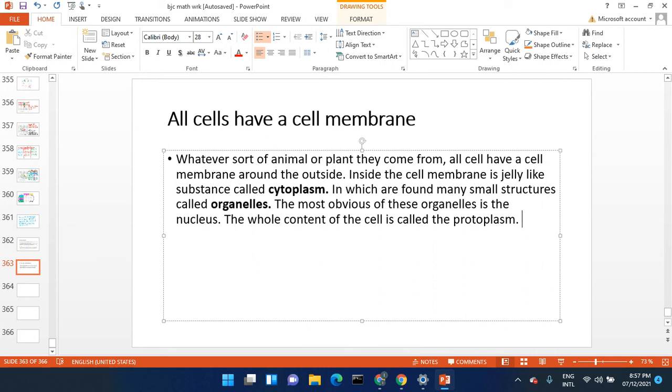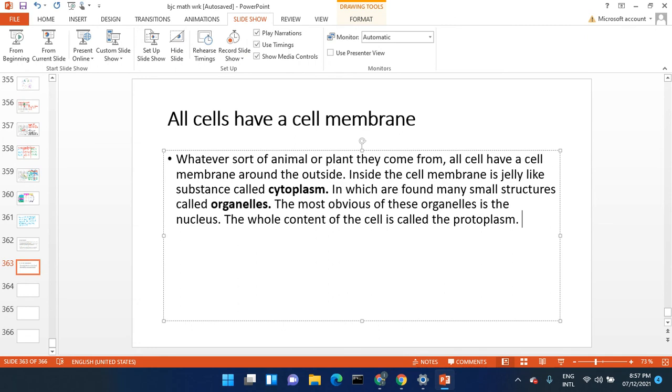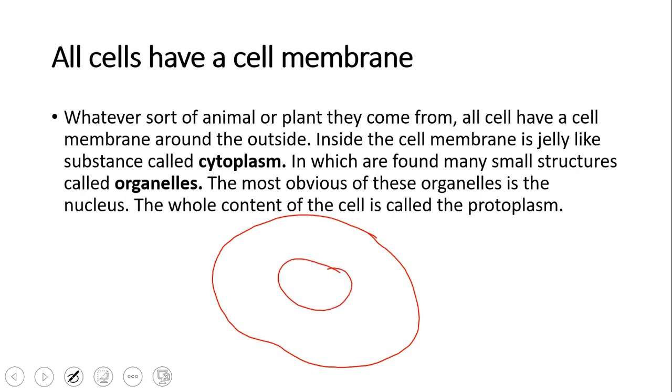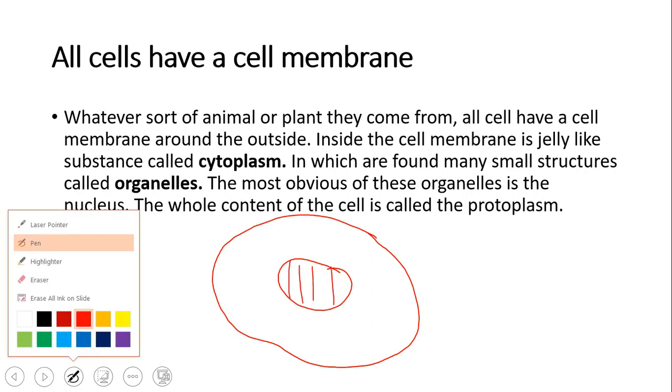So if I were to draw a diagram of a cell, it's a simple cell, like so. Is this a plant or animal cell? Animal, very good. How do you know it's an animal cell? Because it's round and has the nucleus inside. Okay, because it's irregular in shape, right?